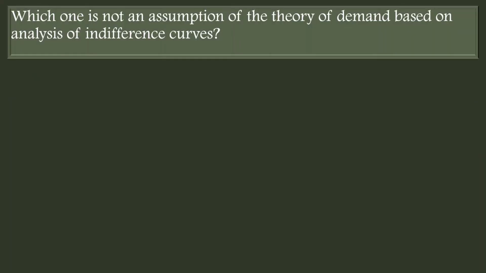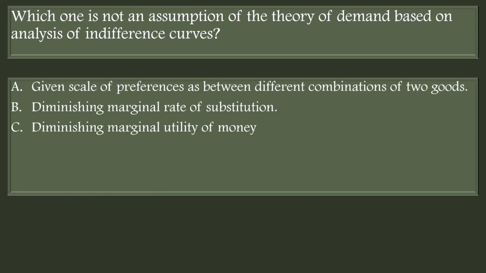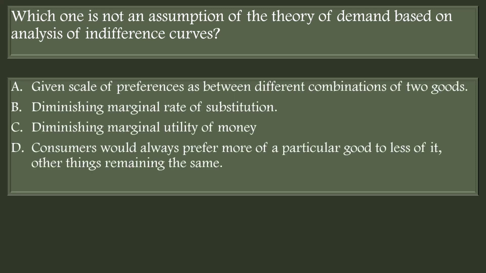Fifth question. Which one is not an assumption of the theory of demand based on the analysis of indifference curves? Options. A. Given scale of preferences as between different combinations of two goods. B. Diminishing marginal rate of substitution.